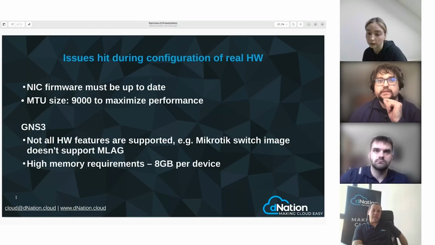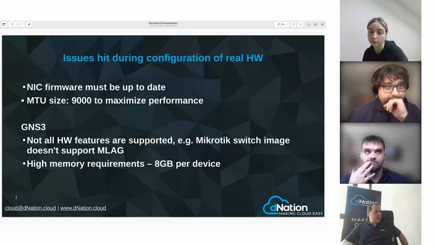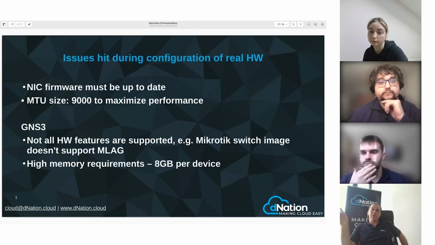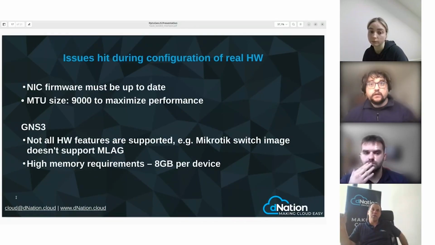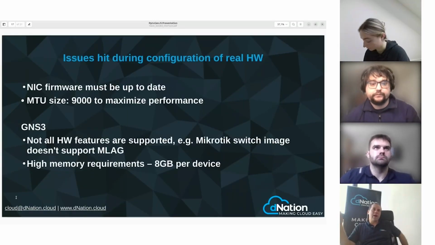Then there are higher memory requirements. Well, that's expected. When you are simulating multiple devices, each of them, like Sonic Broadcom, takes around 8 gigabytes of memory. When you have 4 of them, that's 32. Then you have virtual machines or nodes in racks. You can count 1 or 2 gigs per node.